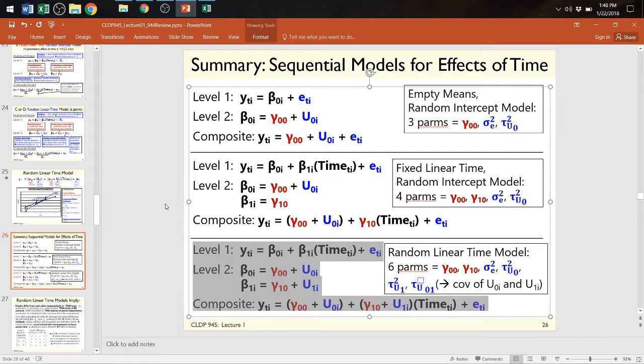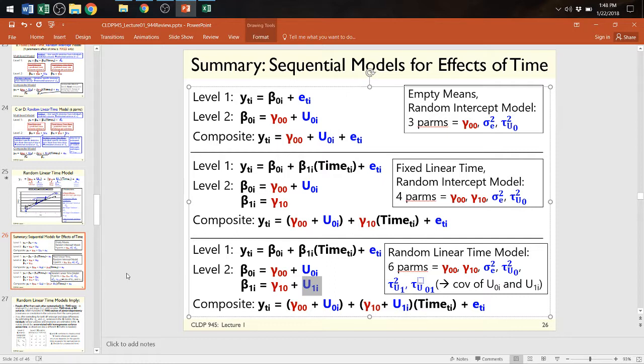They're allocated differently. So I haven't explained any variance. I have reallocated variance from what I thought was level 1 residual into what is now level 2 individual differences in the linear effect of time.